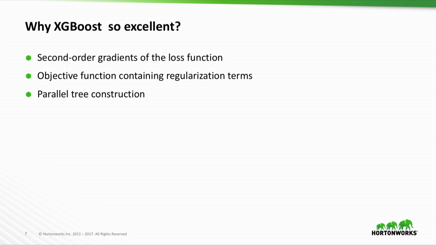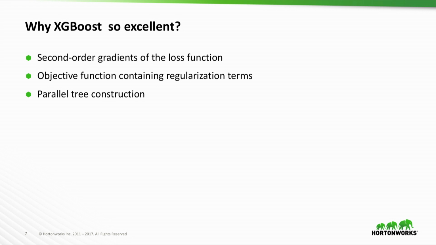Next is why XGBoost is so excellent. We know that XGBoost is so powerful, so why is it so excellent? I think three perspectives are the main drivers. First, it uses the second-order gradient of the loss function.